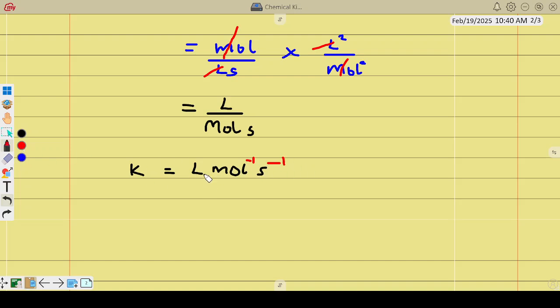So these are the other units for the rate constant. It's either this one, which is more cute, liter per mole per second, or molar inverse second inverse. They are just the same.